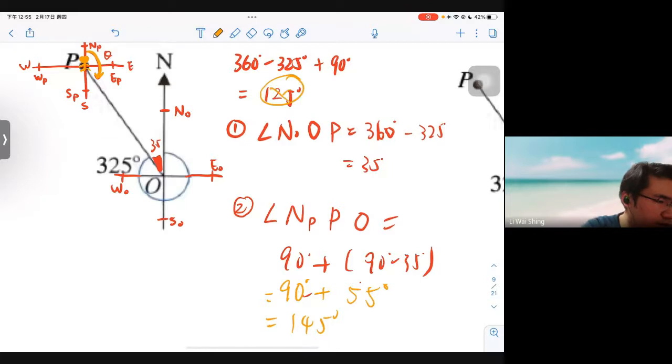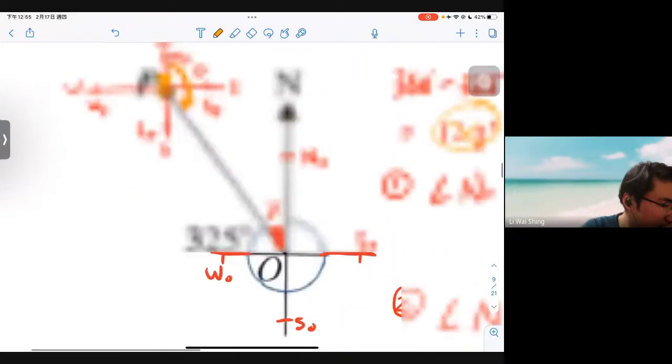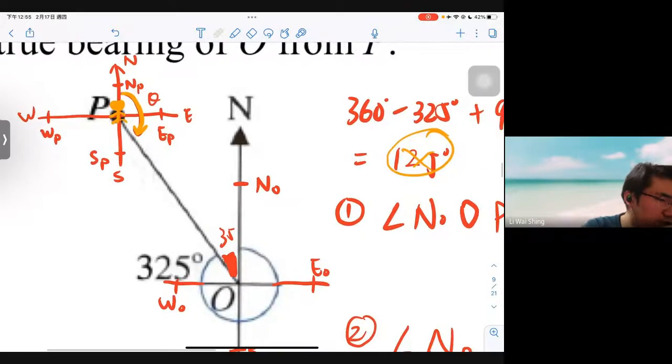Oh no, it's not this angle. Why does it make this kind of mistake? Because once you find 35 degrees, by alternate angles it equals this one. This is 35 degrees. However, we are finding this one. So it's not just 90 plus this angle. Instead, it's 90 degrees plus the remainder angle here.